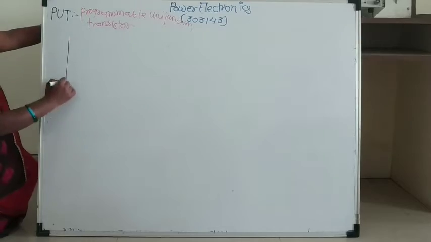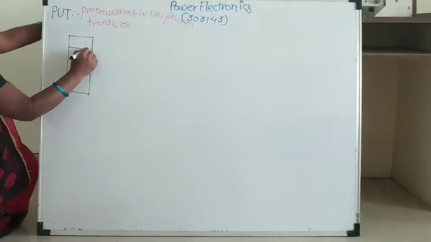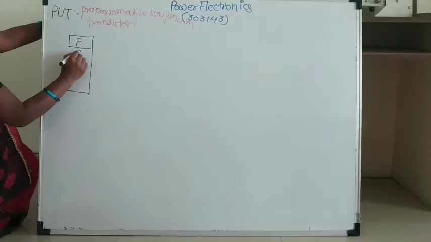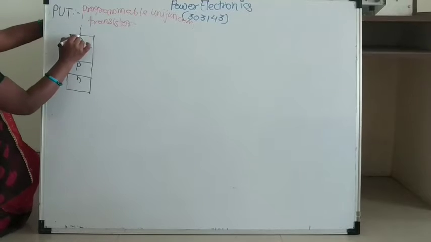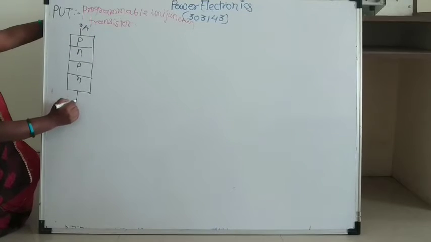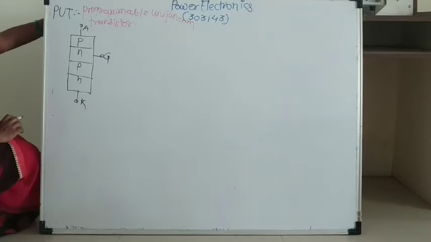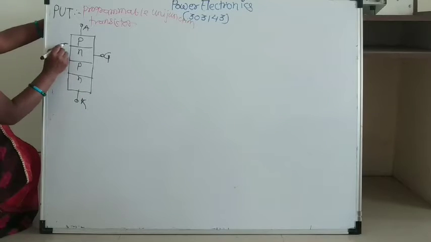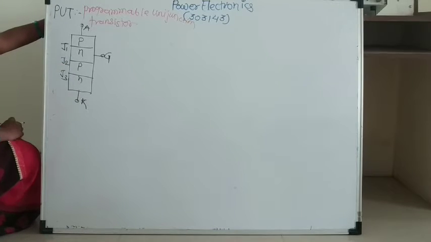Here, I will draw the construction diagram for the PUT. PUT is nothing but a four-layer structure having alternate P and N layers, with three terminals: anode, cathode, and gate. These three terminals have three junctions: J1, J2, and J3.